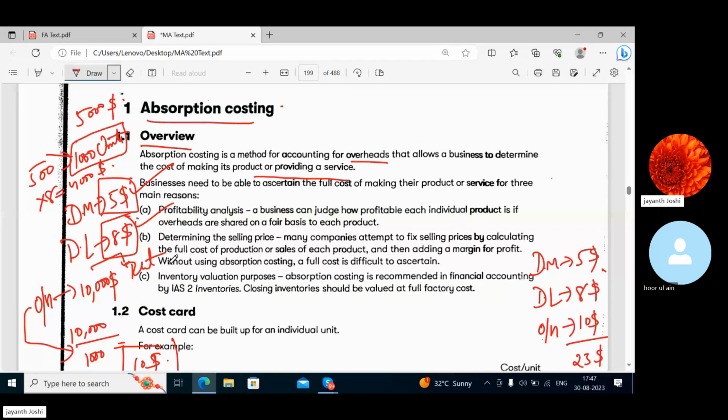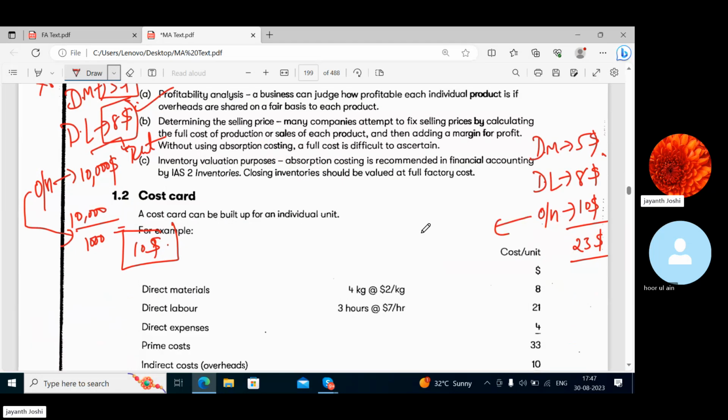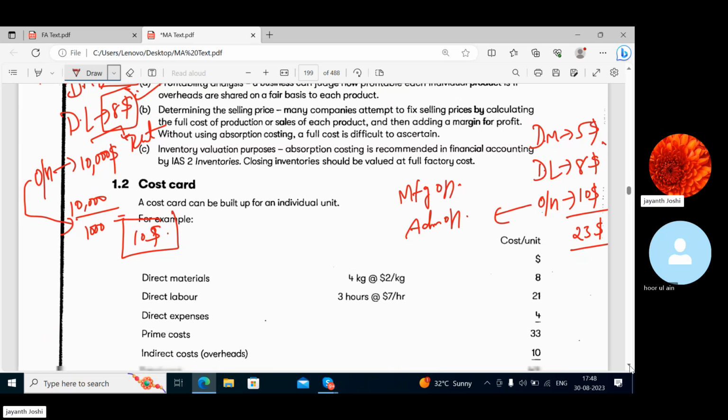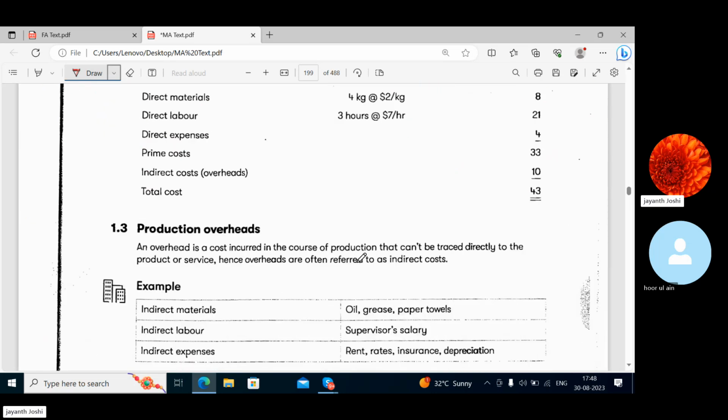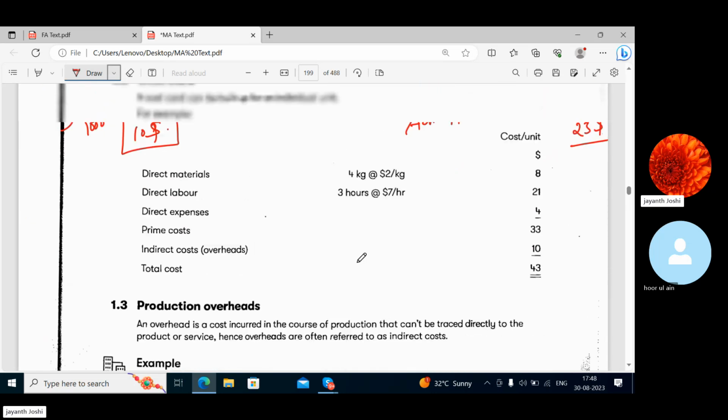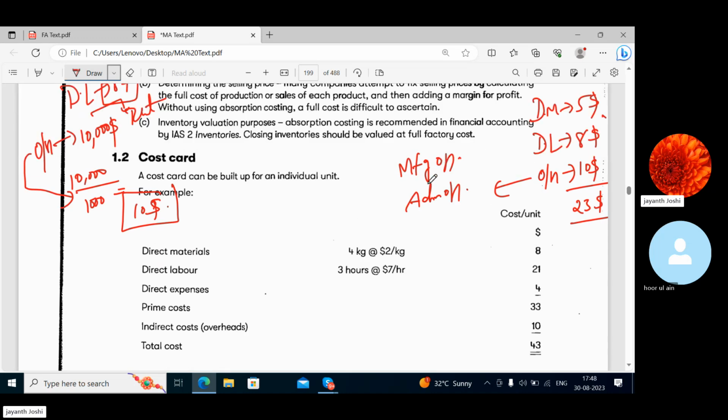Now let's go ahead. Let's see in detail what this is. Businesses need to be able to ascertain the full cost of making their product. I just left out these overheads; I did not specify. Overheads can be manufacturing overheads, they can be administrative overheads. But for making the product, you will be considering manufacturing overheads, not administrative overheads.